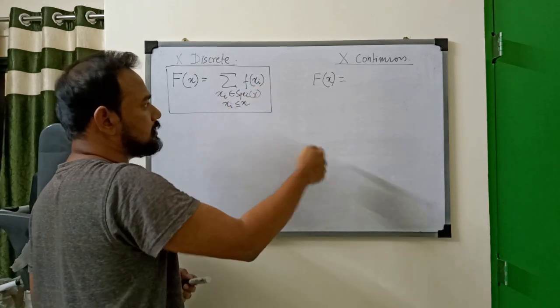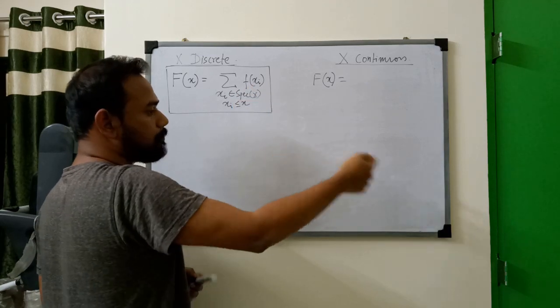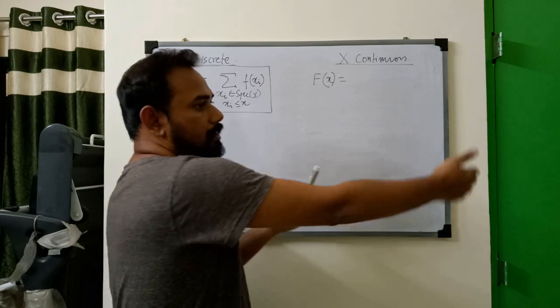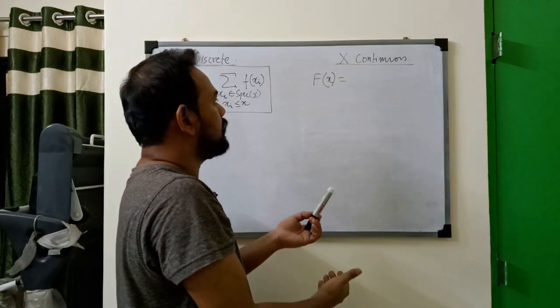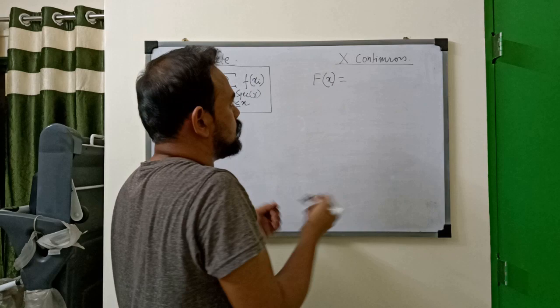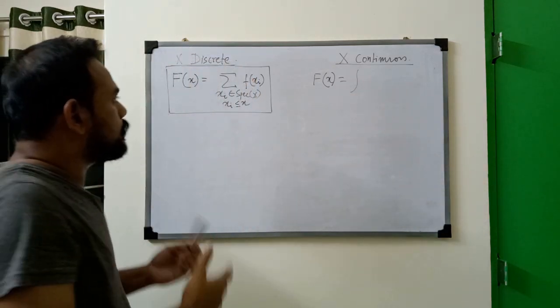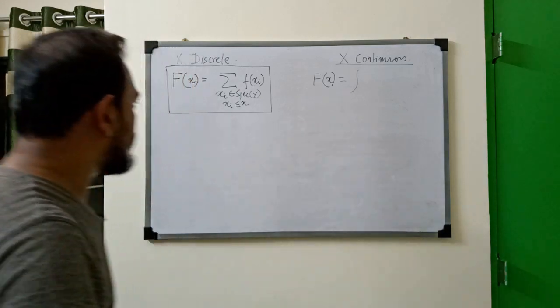If you calculated the small f, or the PMF, at these points and added them. But now the spectral points may not be discrete, so you may not have a summation, but you could have something like an integration. Let's see what happens here.